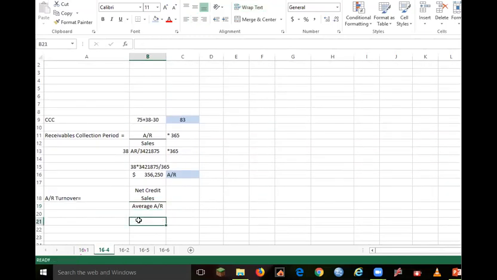So accounts receivable turnover is equal to net credit sales. So sales are given, 3,421,875, divided by average accounts receivable. We have just calculated accounts receivable in requirement 2, 356,250.